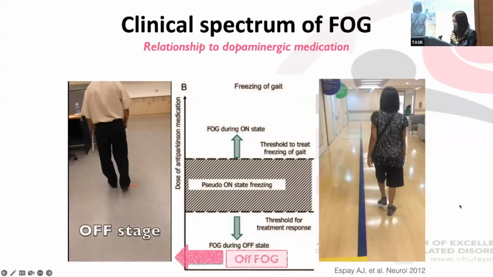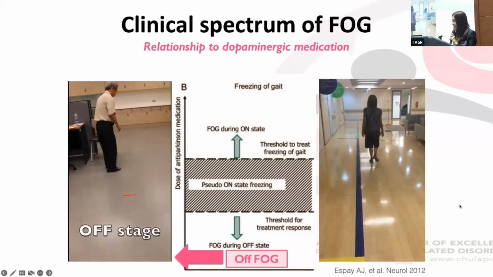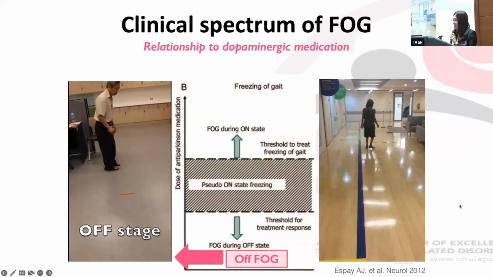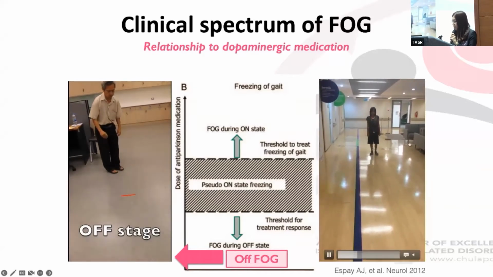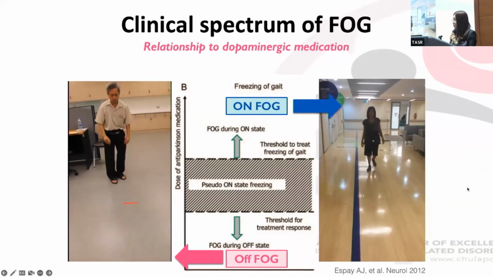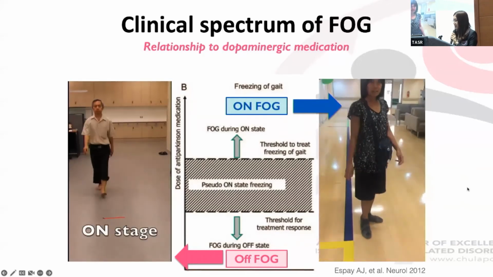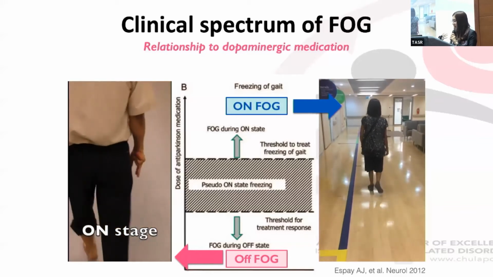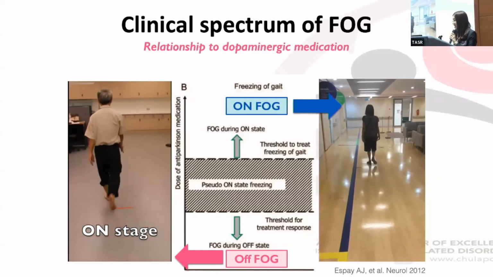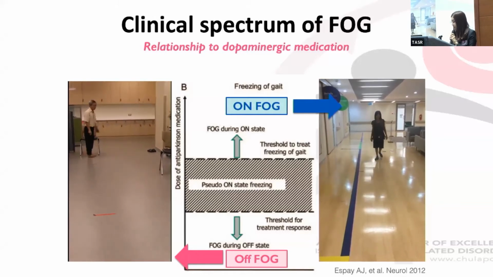And the right video is the patient with on FOG, which means that freezing can be found in both off and on states. Why can we tell that this patient has on freezing? You see that her upper limb is very fluid, moves quickly, and sometimes some patients have dyskinesia in their upper limb. So you can tell that this patient has on FOG.